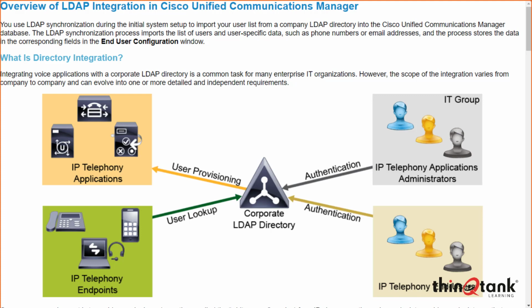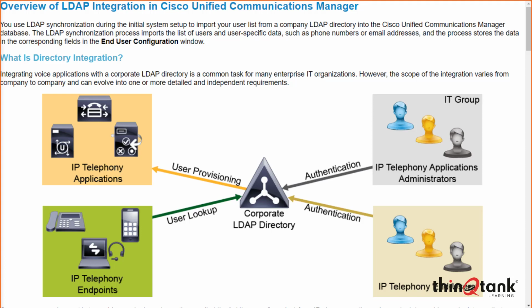All right. You can see from the diagram here, they're looking at this from a more generic standpoint. LDAP is our corporate directory, and we can take that information and use it for user provisioning within our IP telephony applications. If you push the directory button on the phone, as an example, it can search the LDAP directory to look up users and user information.